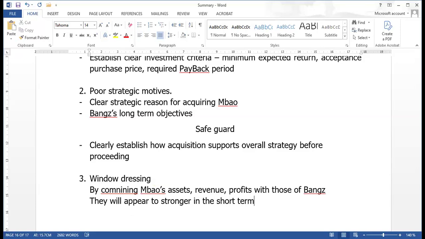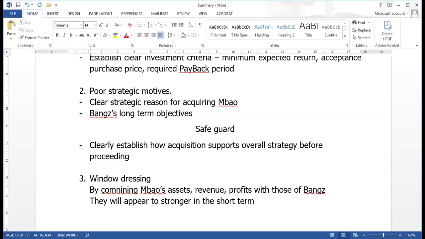Window dressing. If we look at you as a group, you are okay because your assets and the other entity's assets, really you are okay. That's why even the banks may go ahead and give you a loan, because your total revenue and profit seem to be okay. That is window dressing.